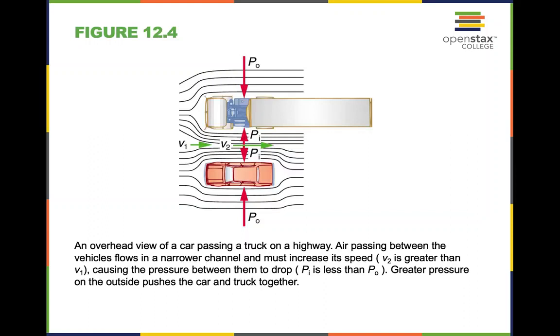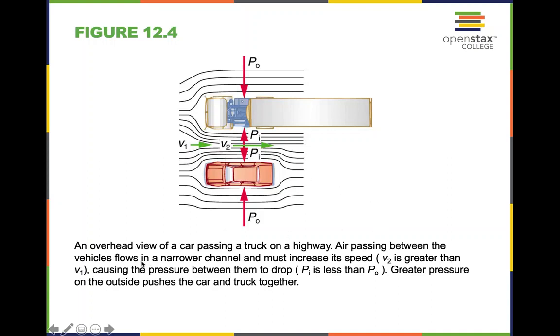So here's a figure of a car and a truck, the thing we just discussed. An overhead view of the car passing a truck on the highway. You see how you have velocity 1 here. They're all moving in this direction, but velocity 2 is more narrow here. So the pressures between these two are the inner pressures, and the pressure on the outside is pushing them inwards.